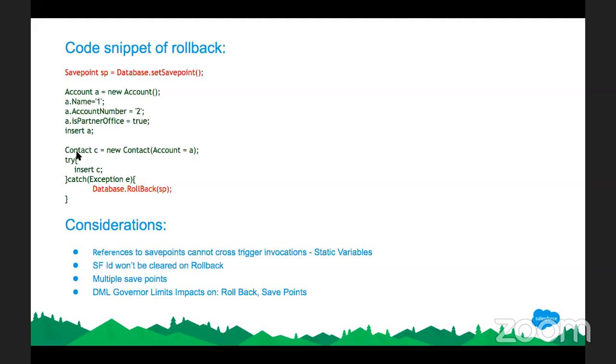Later I do the contact insertion, and I capture the DML exception through our try catch, and I initiate the Database.rollback. If for some reason the contact has validation rules or missing record fields, the contact is not inserted and I receive the DML exception, the entire transaction will be rolled back, and I cannot see the same account in my Salesforce database.